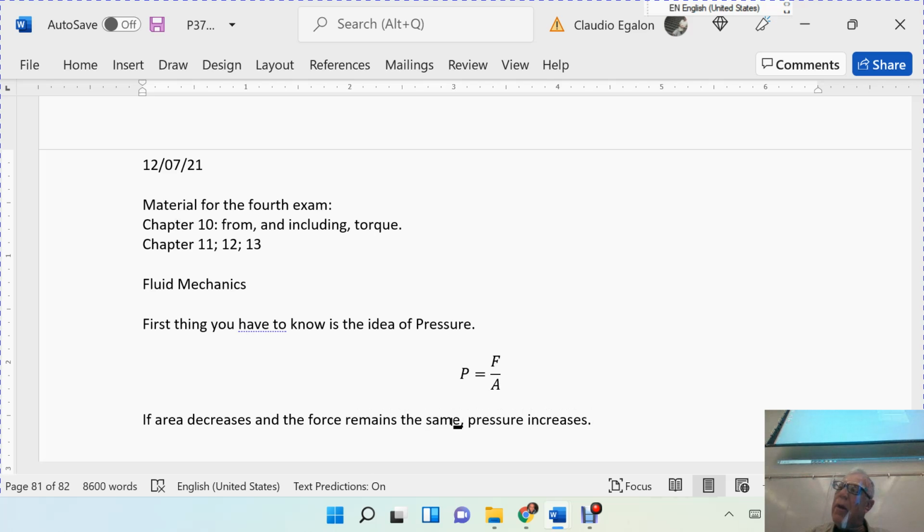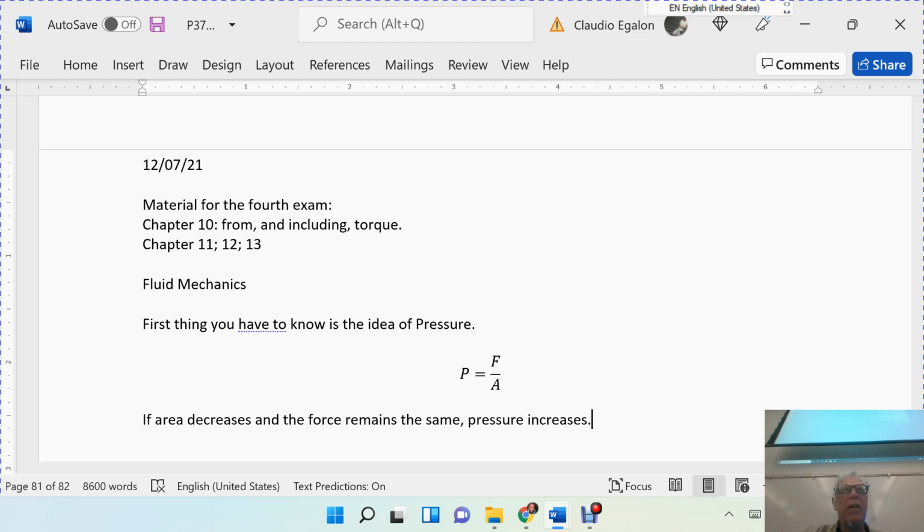Now I'm not changing the area, but I decide to apply an additional force on the top. In addition to the weight of the object, I'm also applying, let's say, 2 newtons. What's going to happen to the pressure? The force at the top is increasing in the equation.